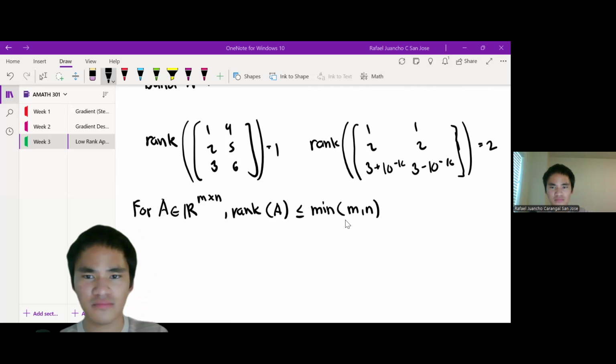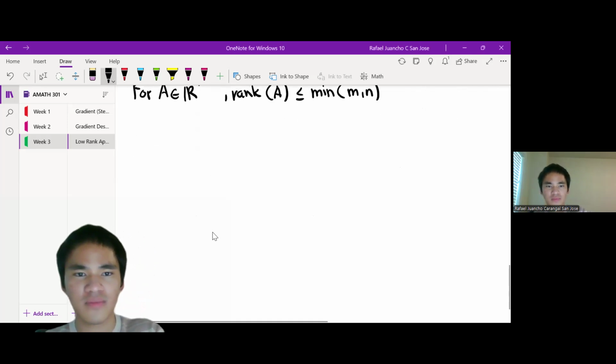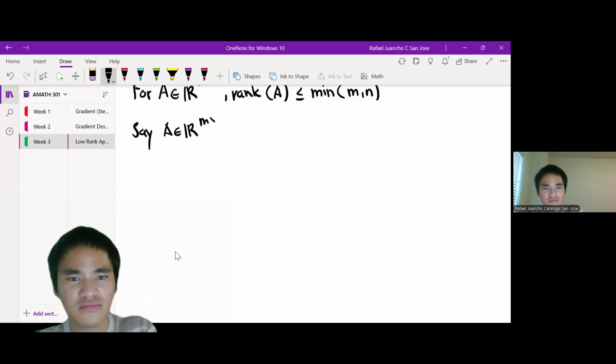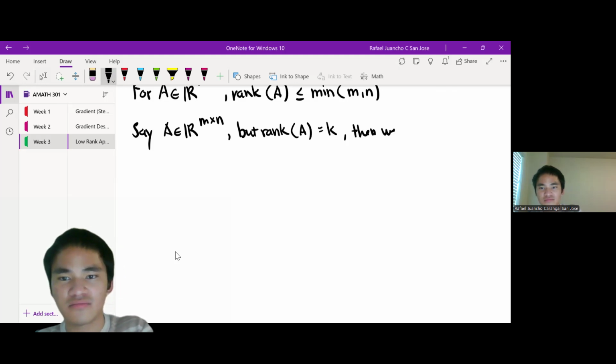Okay. So say I have an A matrix here, and it goes from M to N. But we're saying my rank of A is some K value that I don't know. Then we can find a bunch of stuff here.